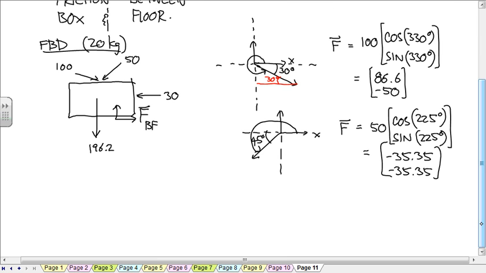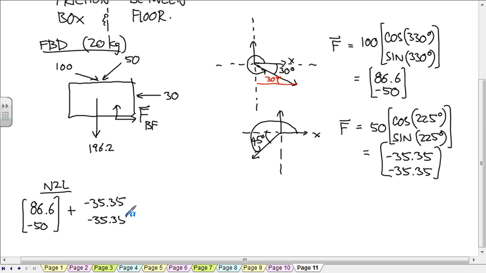And now you can plug everything into Newton's second law. And remember, there are 5 force vectors in this free body diagram, so you're going to be adding 5 force vectors together on the left side of Newton's second law. So we have 86.6, negative 50, plus negative 35.35, negative 35.35, plus the weight force, which is 0, negative 196.2.